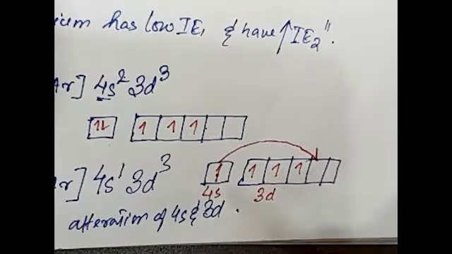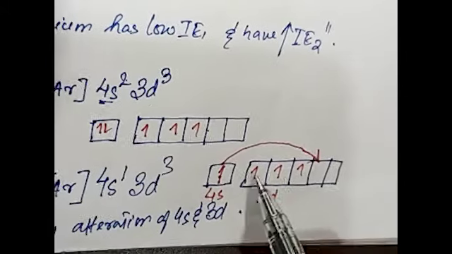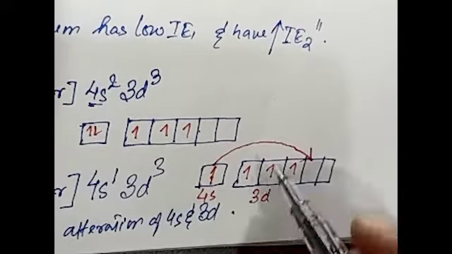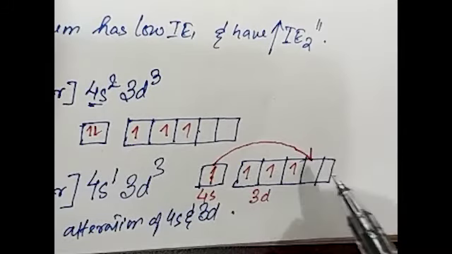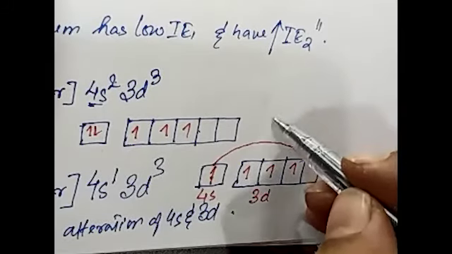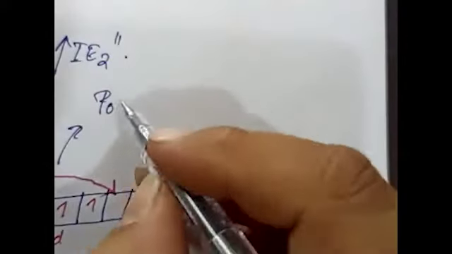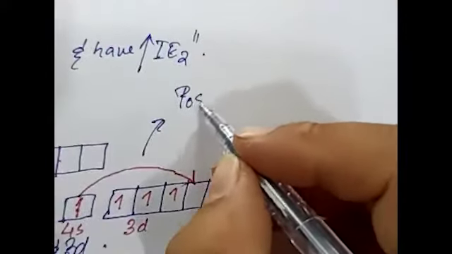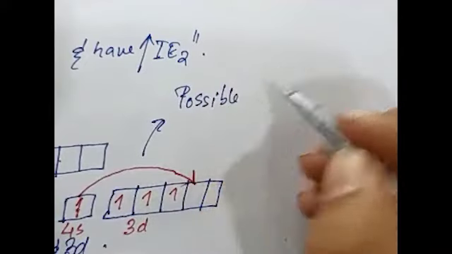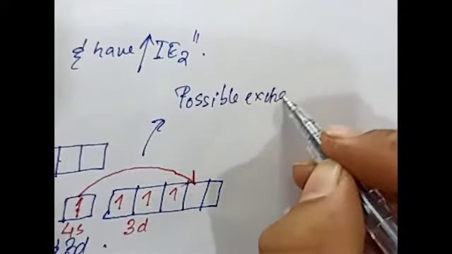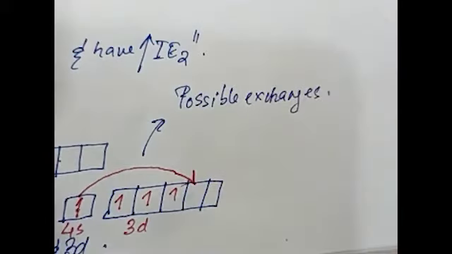Now look at what is happening. Earlier there were 3 electrons in 3d, so the 3d electrons will exchange. So what are the possible exchanges that can possibly happen?